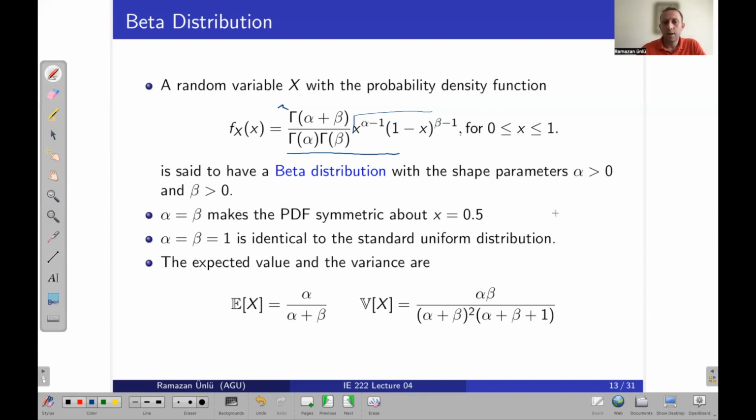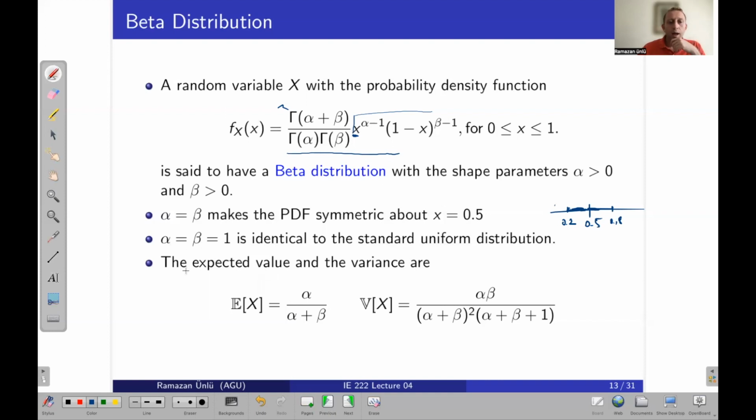Okay, if alpha and beta are the same, this will be symmetric about this point. That means this x, let's say 0.2, and 1 minus x, which is 0.8, will have the same distance to this point. So the region under this will be symmetric, the same.